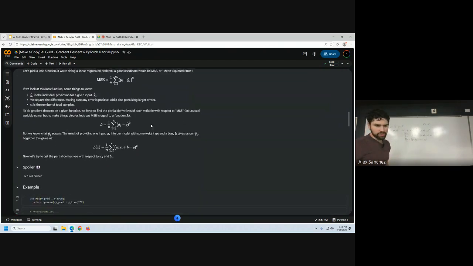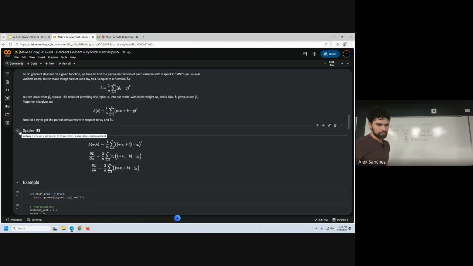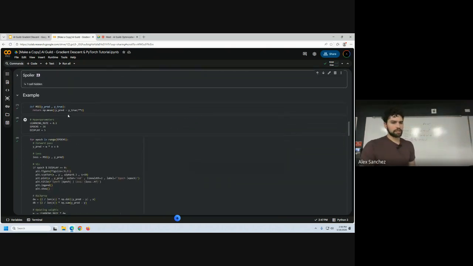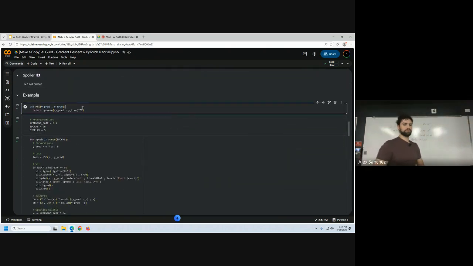I outlined these equations here in this little spoiler, but we're going to focus on why this is important, why knowing this is basically the key to your model learning and generalizing. We're going to show this through the code, and I'm going to walk through the code by hand so that we can more easily visualize this. Here in the notebook, I declare this MSE function.